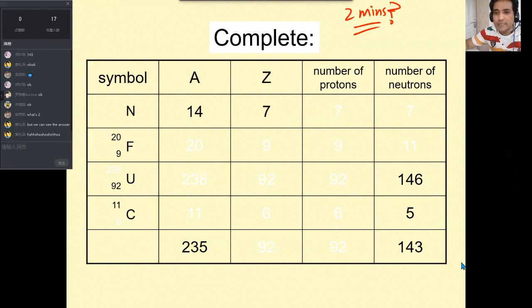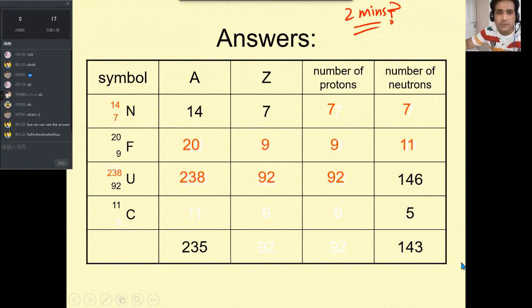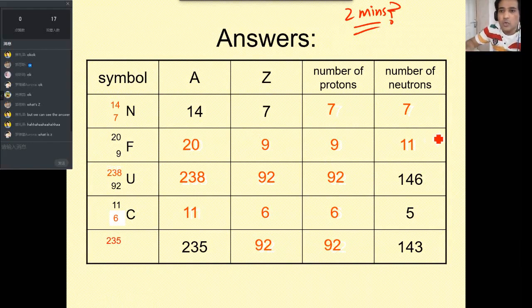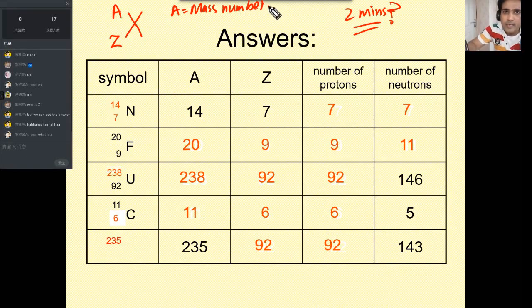Okay, so let me show you the answers now. If you have got this one, that's wonderful. If anyone didn't get this one, just let me know, I will explain. Again, let me draw here please. This is your element, and Z is the atomic number or proton number, and A is the mass number. A, the mass number, means the number of neutrons plus the number of protons. So this is equal to protons plus neutrons.